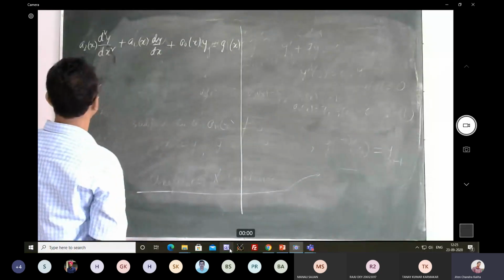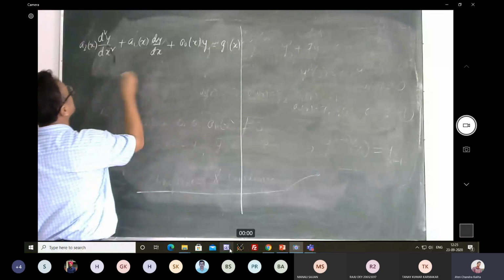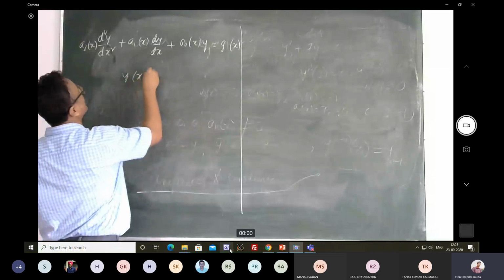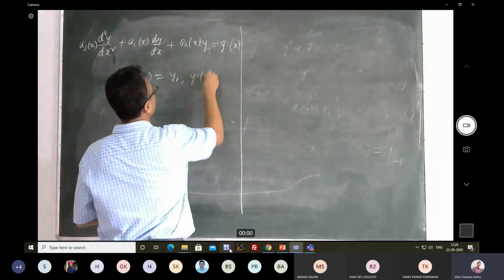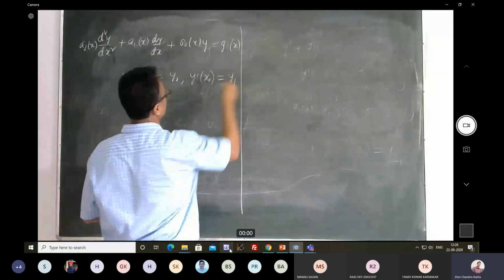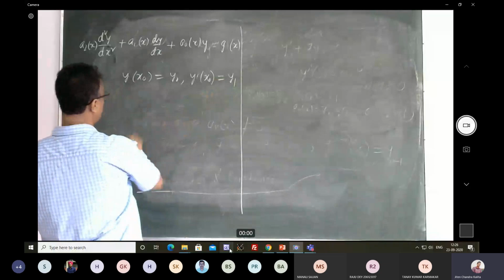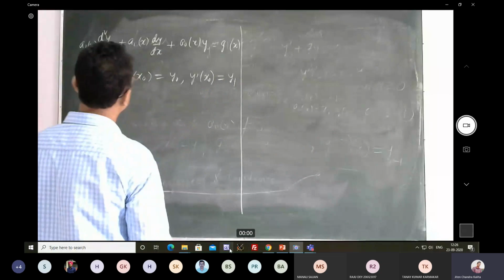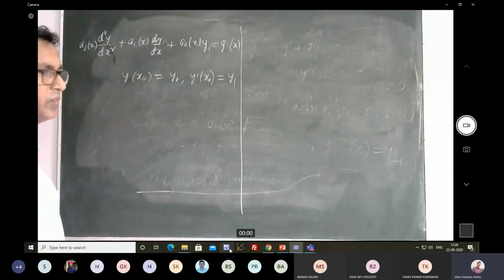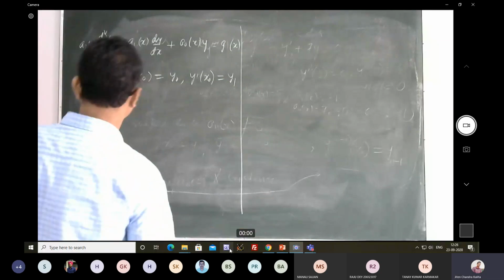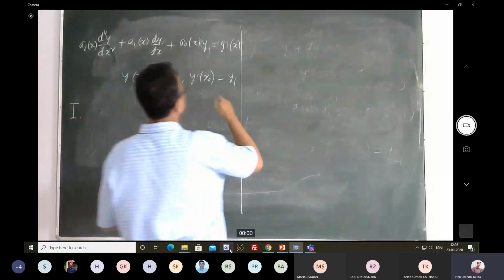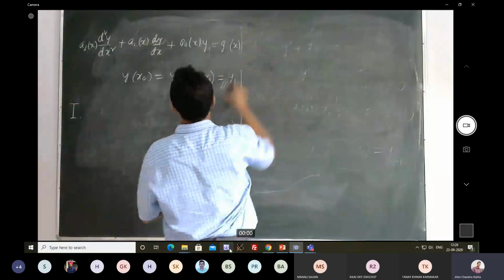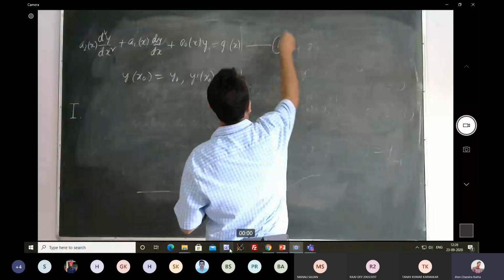So now I may have something like y(x0) equal to y0, then y'(x0) equal to y1. Well, definitely this x0 is a point in the interval of definition, which I call I. Let me call this equation number 1.